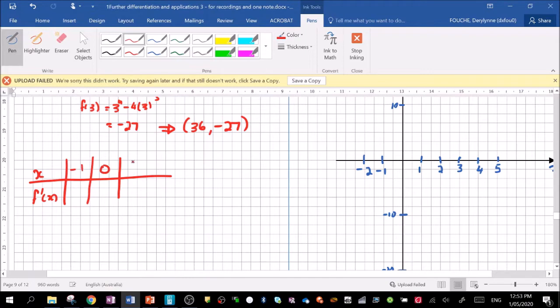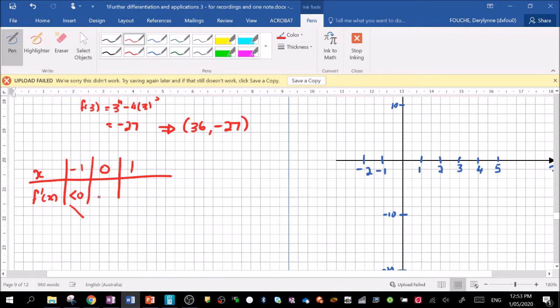So negative 1 and 1 be fine. And f dashed of x, so my derivative at x equals negative 1 would give me negative 4 take 12, which is negative 16. So it's going to be less than 0. And so my graph's doing that.